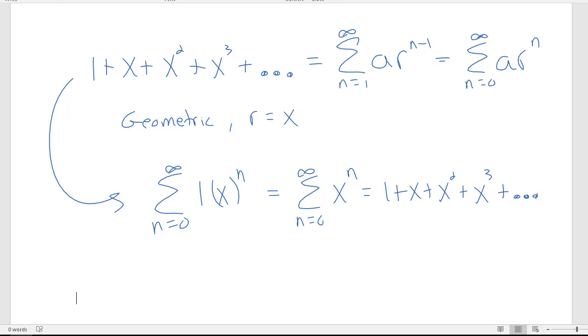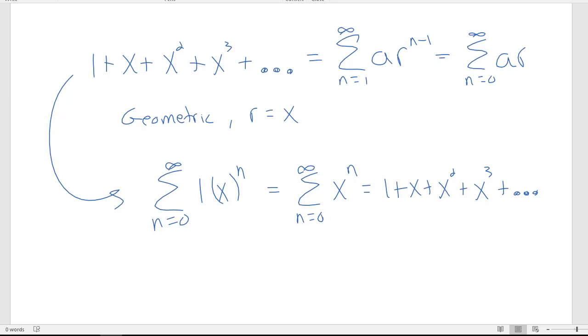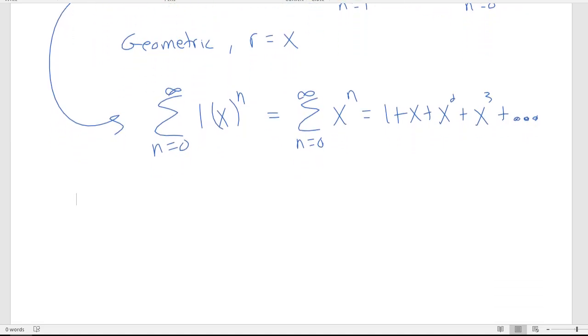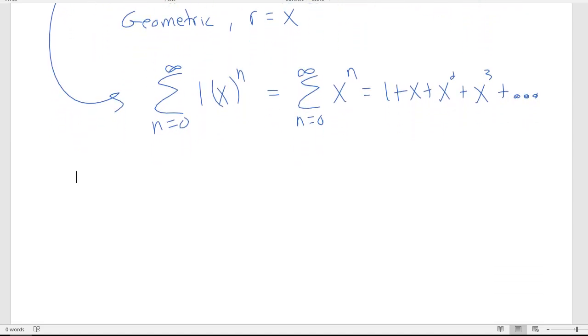All right, now the reason that we start with this series is we know how to identify it as geometric, and we know how to discuss where it converges. In particular, we know that every geometric series converges when the common ratio in absolute value is less than 1.